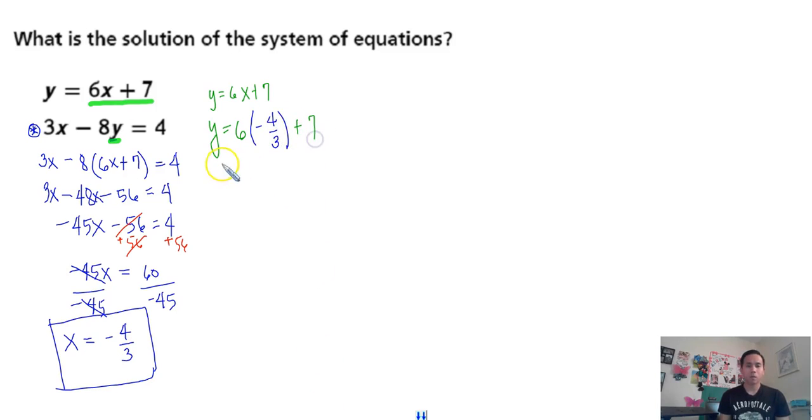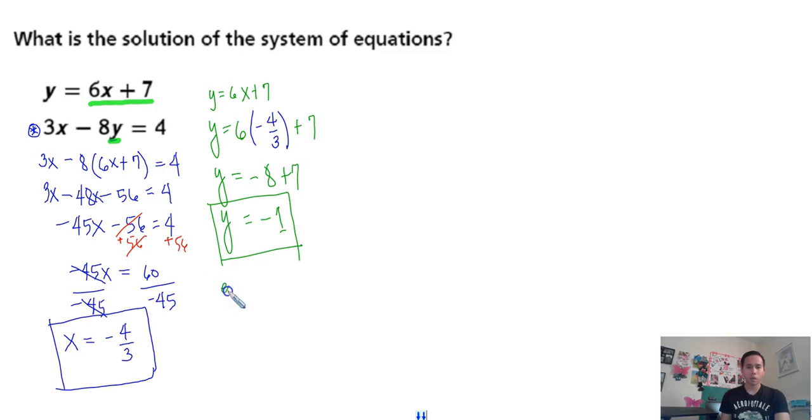So y is equal to negative 8 plus 7, so y is equal to negative 1. Now we have the values of x and y, so this system of equations has exactly one solution.